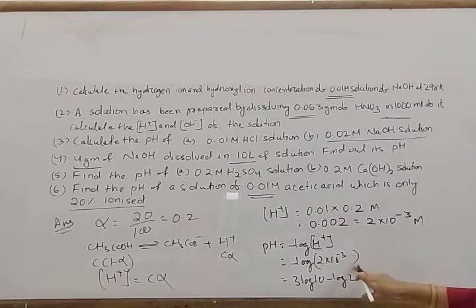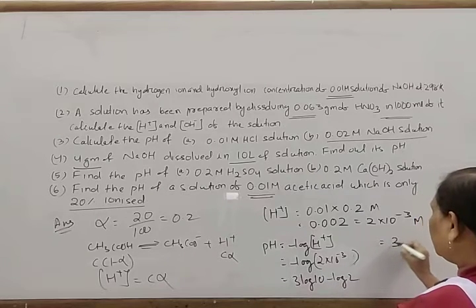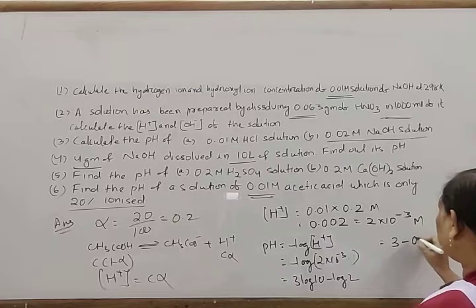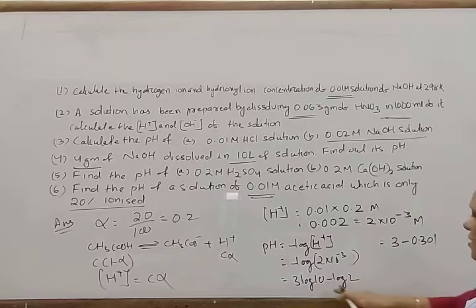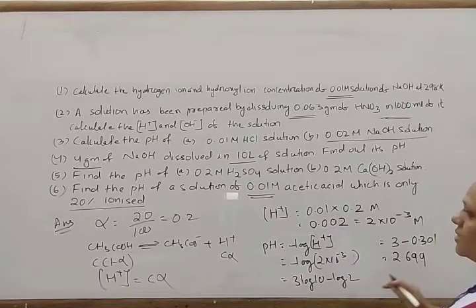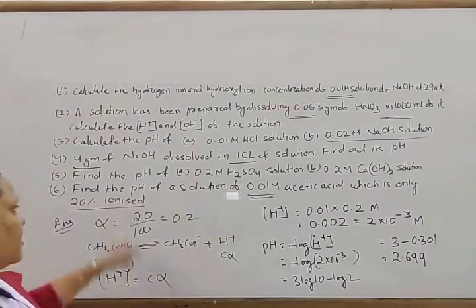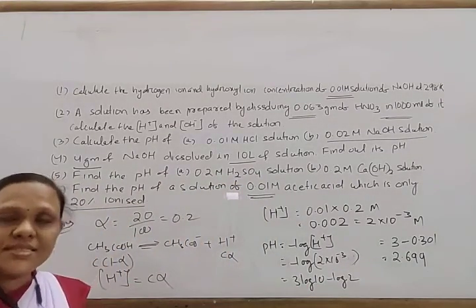So 10 to the minus 3, this minus 3 comes here, 3 log 10 minus log 2, that is equal to 3 minus log 2 value. Log 2 value is 0.301, so it is 2.699. In this way, the value of the pH of this acetic acid is 2.699.